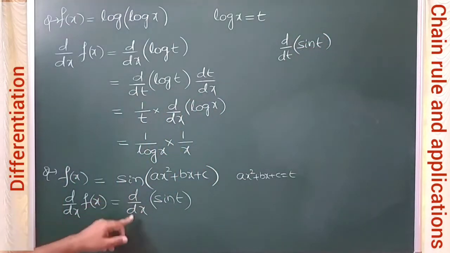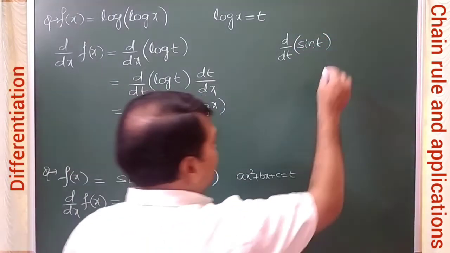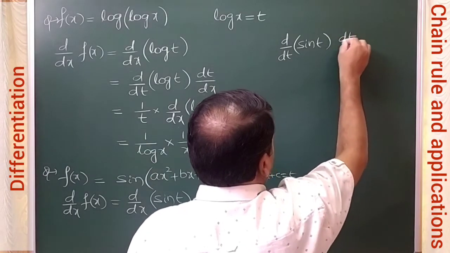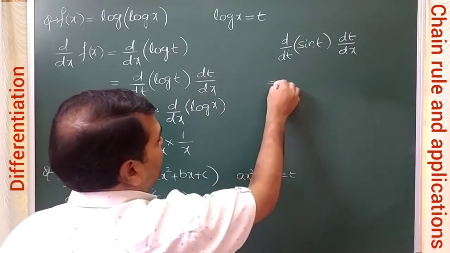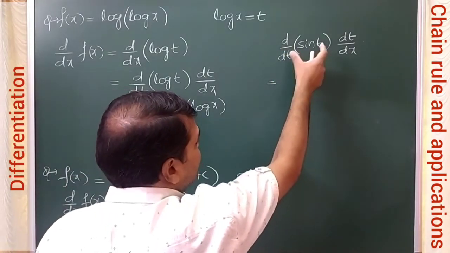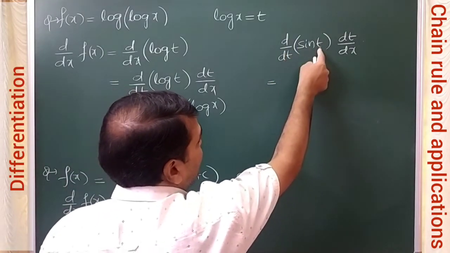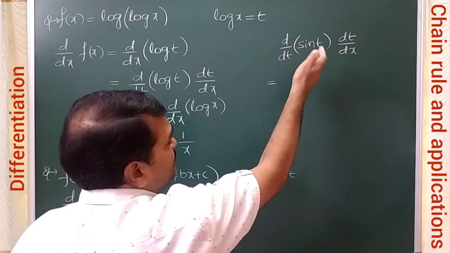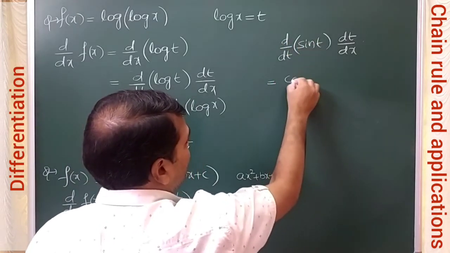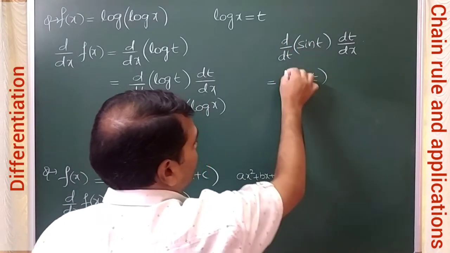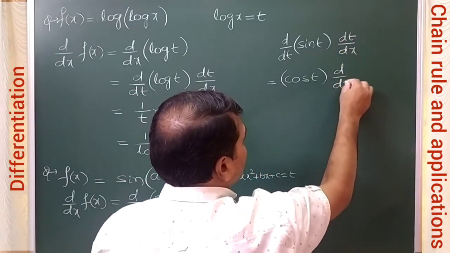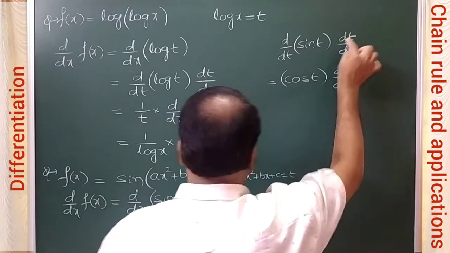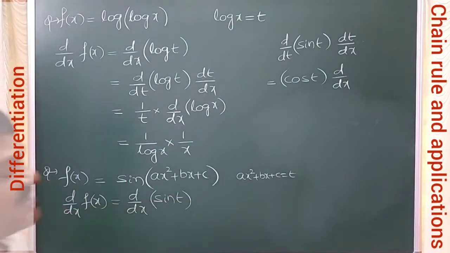And to balance, that is to get d by dx back again, write dt by dx. So d by dt of sine t is a standard formula, variable t with respect to t. So d by dt of sine t means cos t. dt by dx means d by dx of t. What is t? ax square plus bx plus c.